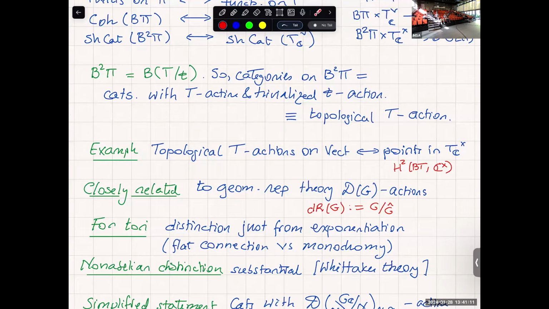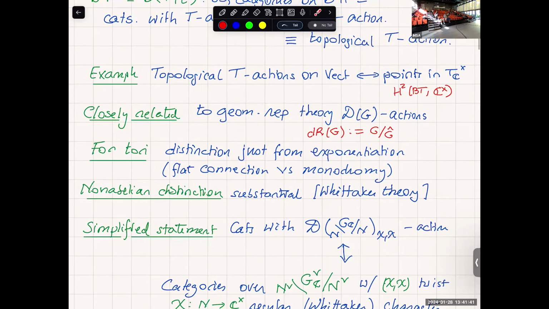In the case of abelian groups, for tori, the distinction is not gigantic. It's just being able to exponentiate this Lie algebra action, exponentiating the trivialization of the action, so to speak. So there's a difference in the flat connection and its monodromy. On one hand, yes, you have to be able to exponentiate. On the other hand, you screwed up the algebraic structure. But if you're generous enough, I think you can approximate things in one theory with the other.